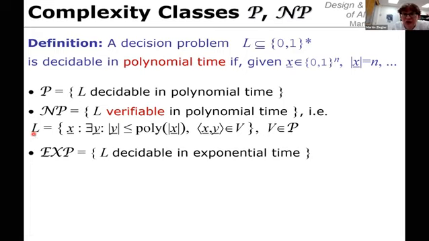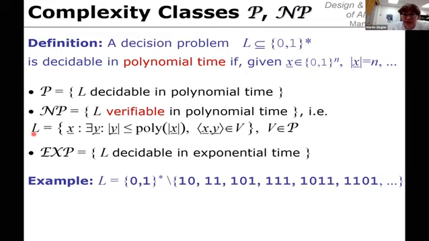NP comprises all decision problems of this form. Since this is a very abstract definition, we're going to consider many examples in the following slides. So don't worry if this is all alien to you.